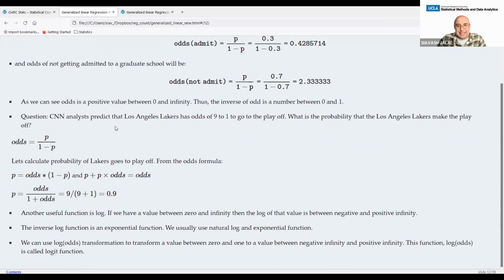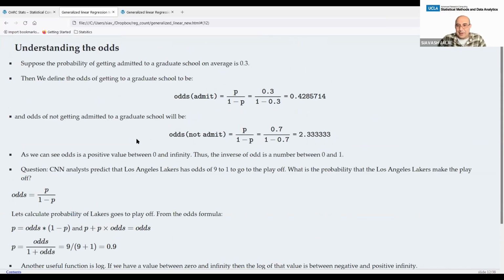Now, let's look at this example and think about it for a second. CNN analysts predict the Los Angeles Lakers, when they were good, have odds of 9 to 1 to go to the playoffs. What is the probability of the Los Angeles Lakers going to the playoffs? Will they go to the playoffs this season, I don't know.